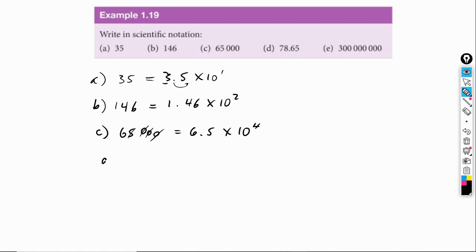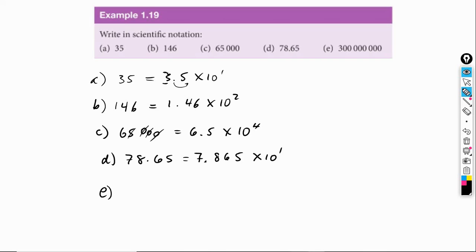D is a little bit different because D has a decimal point, so it's the number 78.65. So the rule is, again, one digit other than 0, so that would be 7, then the decimal point, so 7.865 times 10 to the 1 because we only needed to move one place.